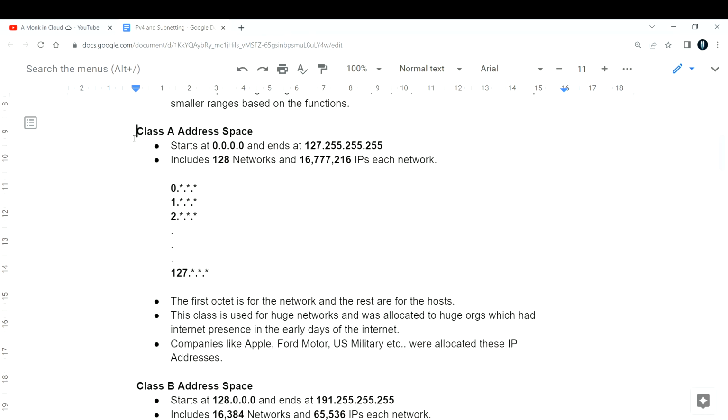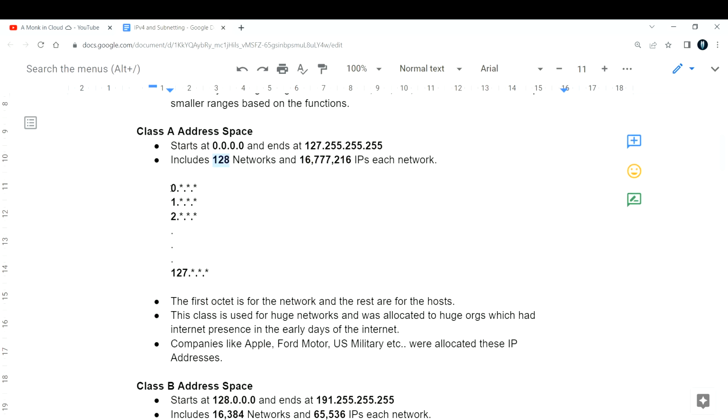Class A address space starts at 0.0.0.0 and ends at 127.255.255.255. This entire range includes 128 networks and these many IPs, so you will get these many IPs in all the networks that you have.